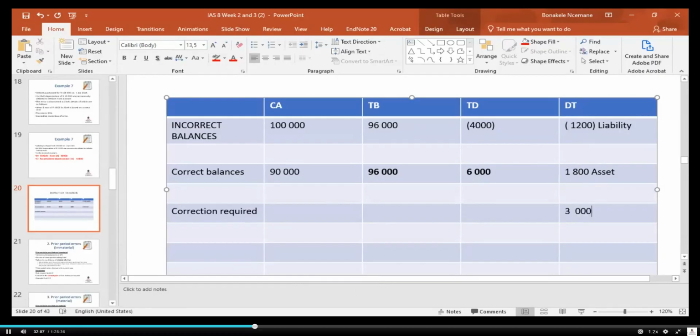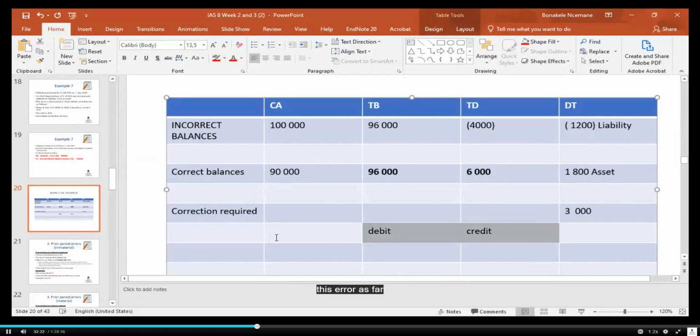And now if the difference is 3,000, can you suggest to me the type of journals that we ought to process for the correction of this error as far as the tax effect is concerned?